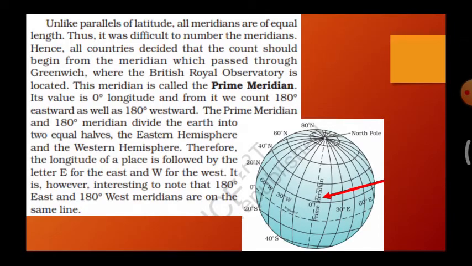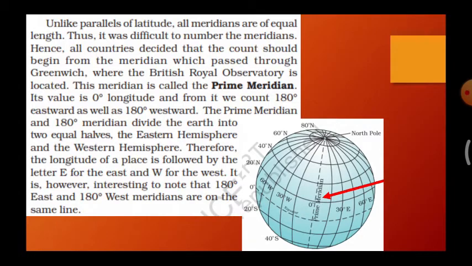See in this picture, children, they have marked it in dotted lines. That line is called the prime meridian. Its value is 0 degree longitude. From there only we have to locate the places.